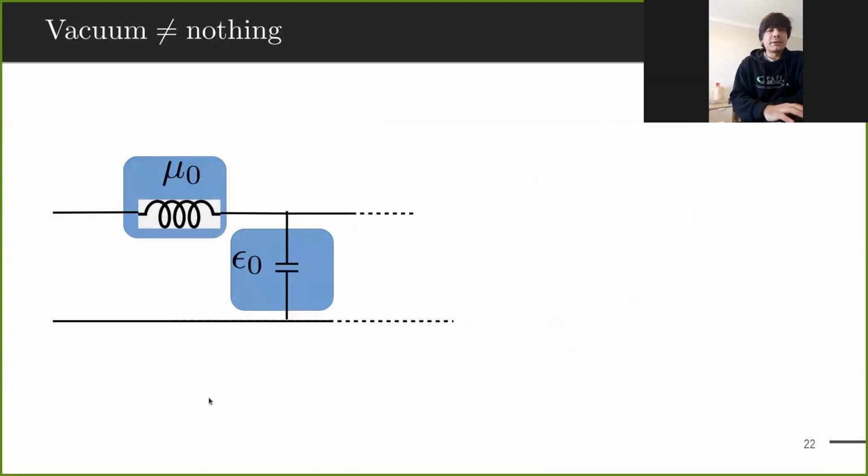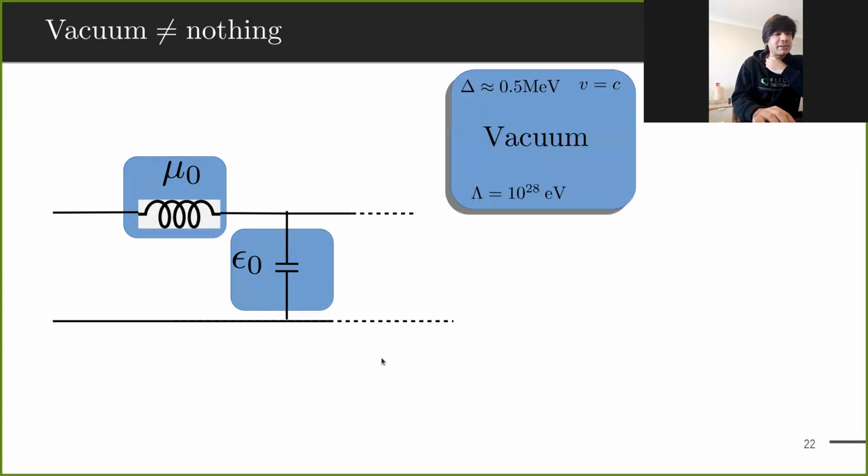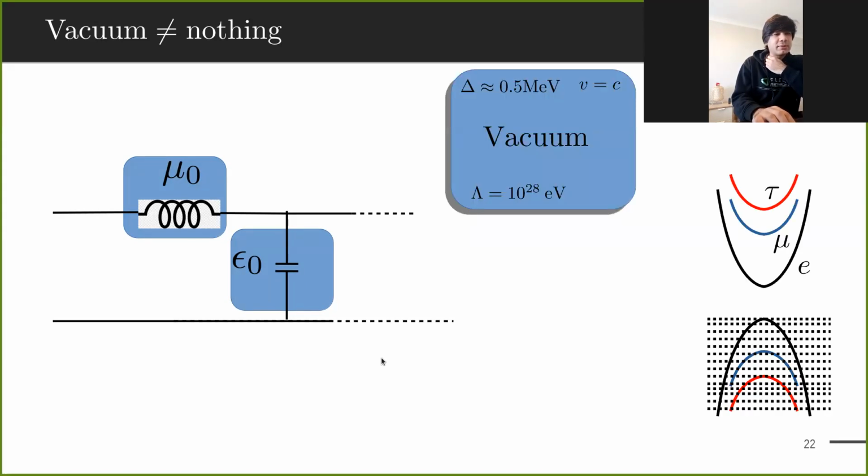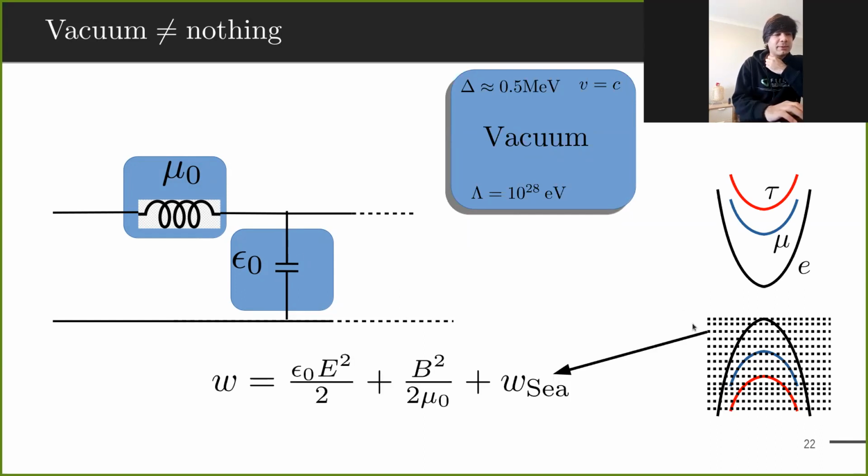Well, let's take a look at the energy density stored in this so-called vacuum material. You will say, okay, there's this distributed capacitance and inductance, and they are made of this vacuum material. I'm going to write the energy density as electric field squared plus magnetic field squared, and it also has a component that comes from the occupied levels.